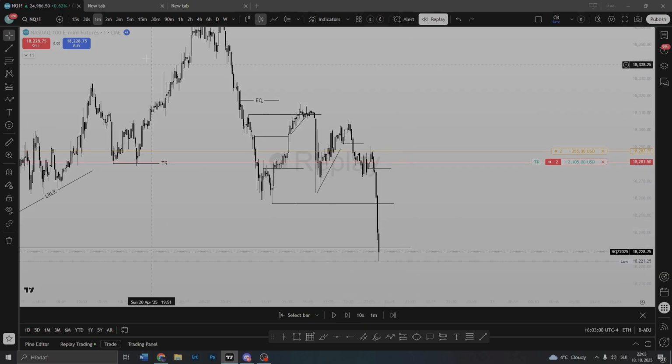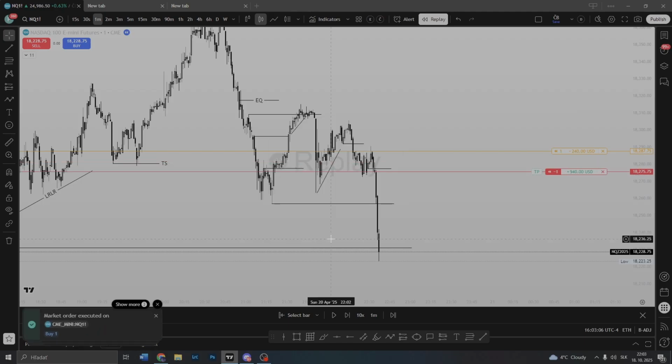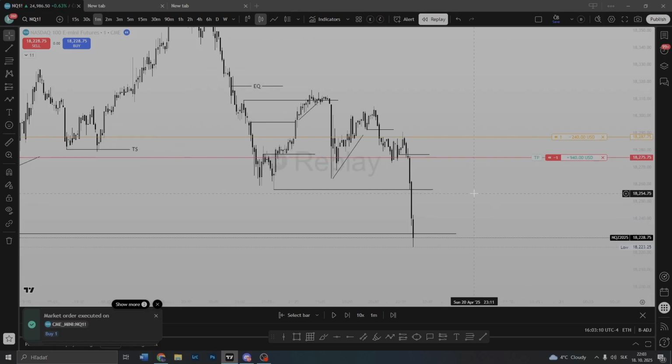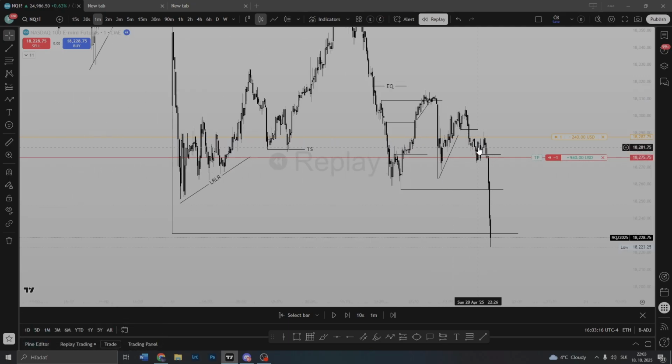Then our next target, so we can take one off right here. We can ask ourselves, is this manipulation? I mean, this looks more like distribution to me, but we will see. We just took the low. If you go lower, if you go higher, we will see.